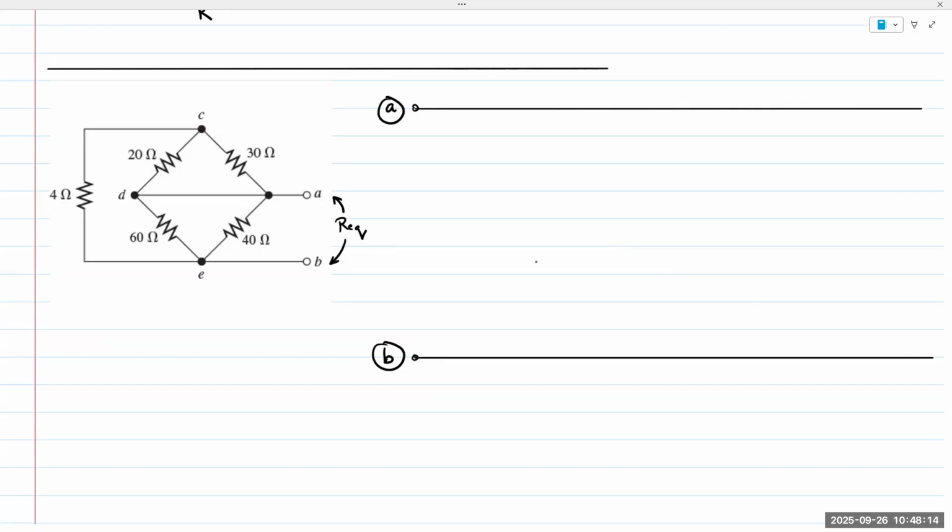So, as I said, the objective is to draw out the resistors vertically going from A to B. All right, so let's begin. What is connected at A? If we start from here, we have a 40 ohm resistance and a 30 ohm resistance, right? So let's start with 40.